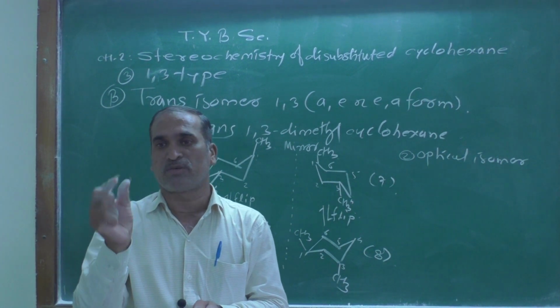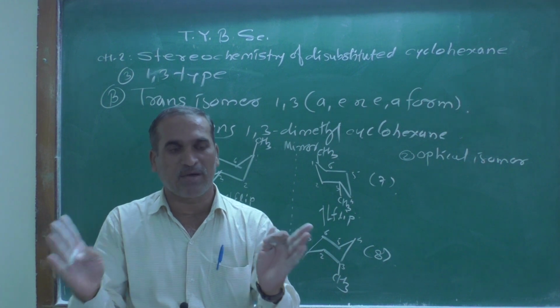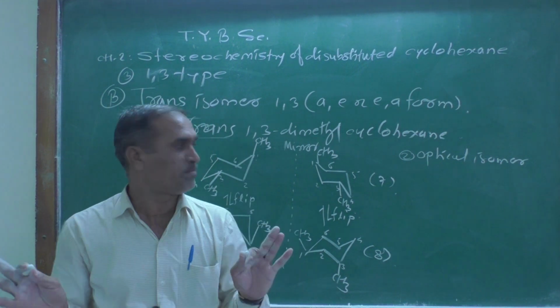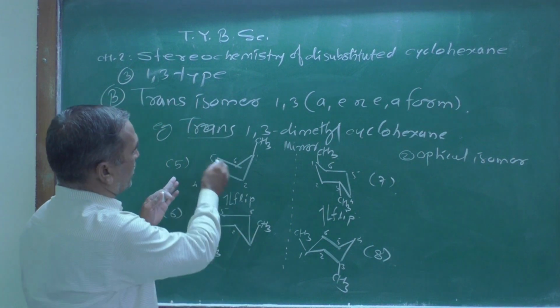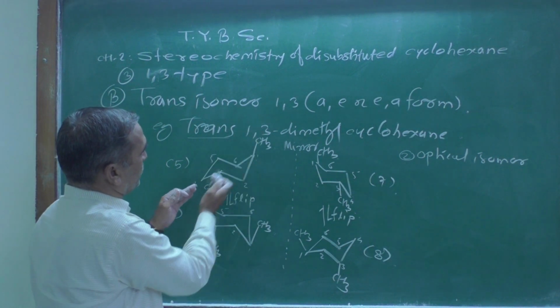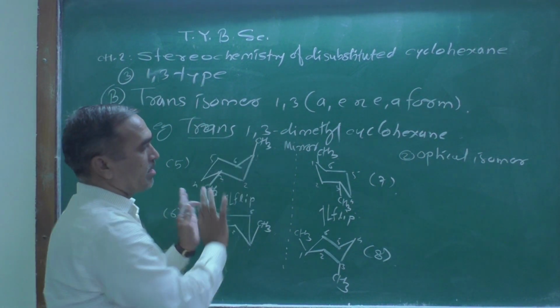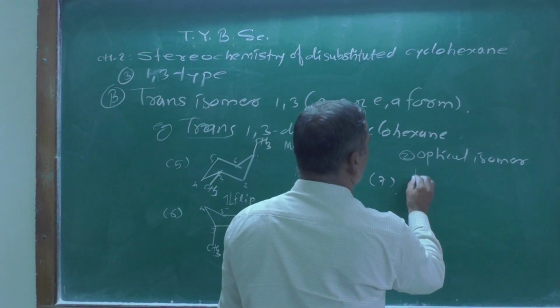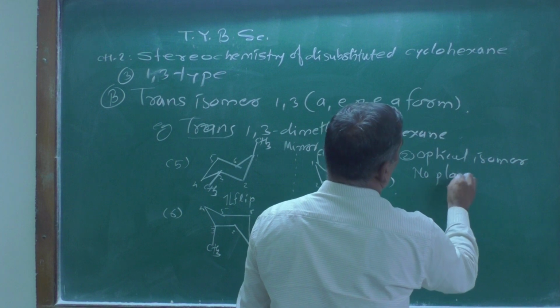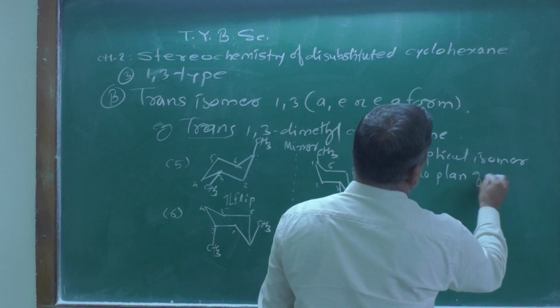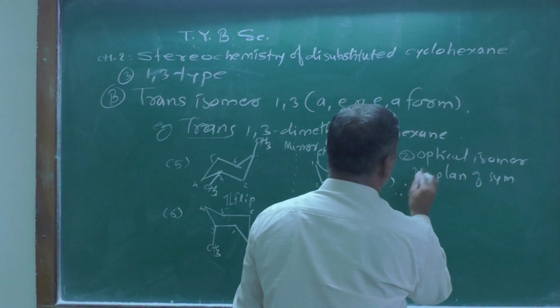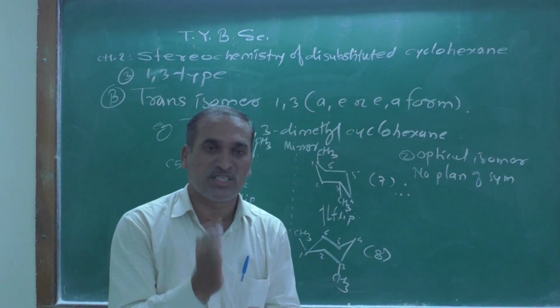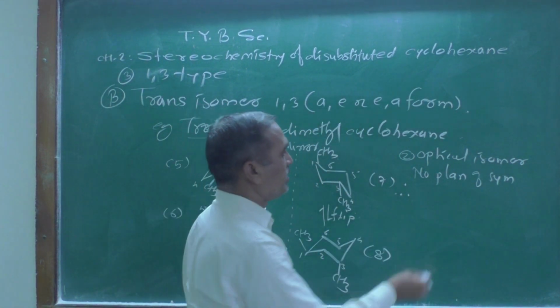You have to find out the plane of symmetry, because at T.Y.B.Sc level it is just the plane of symmetry. If you cut this side, one is above the plane and one is below, there is no plane of symmetry. Here, no plane of symmetry, and therefore this molecule is expected to be optically active.